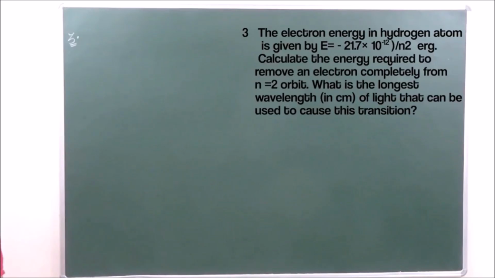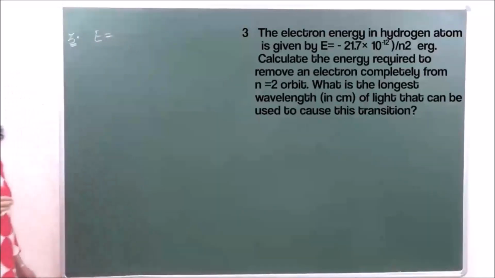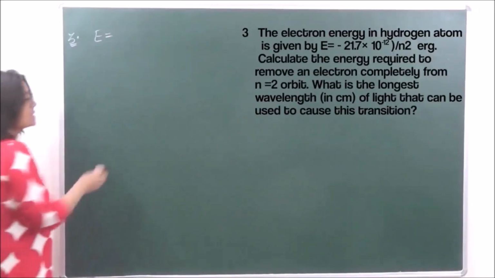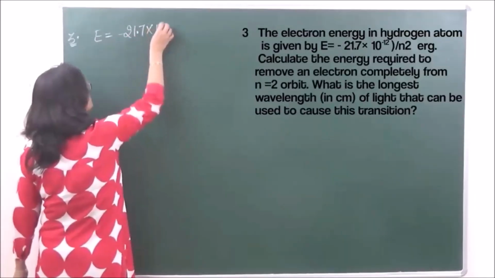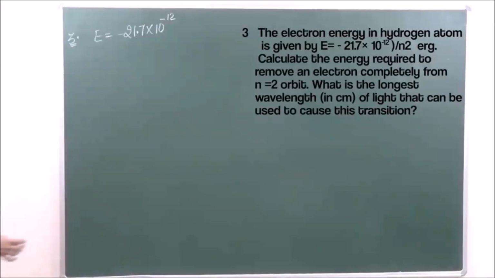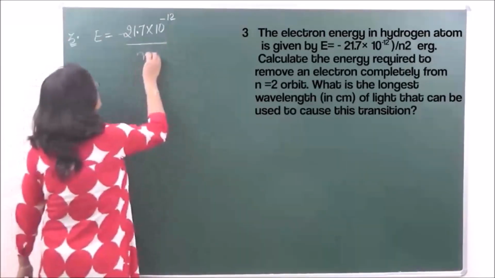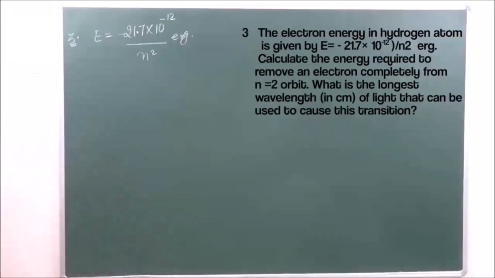What is the longest wavelength of light that can be used to cause this transition? So what has been given to you in the question is, they have given us the value of energy, which is how much? Minus 21.7 into 10 raised to power minus 12 ergs upon n square. This is the value of energy which is given to us.